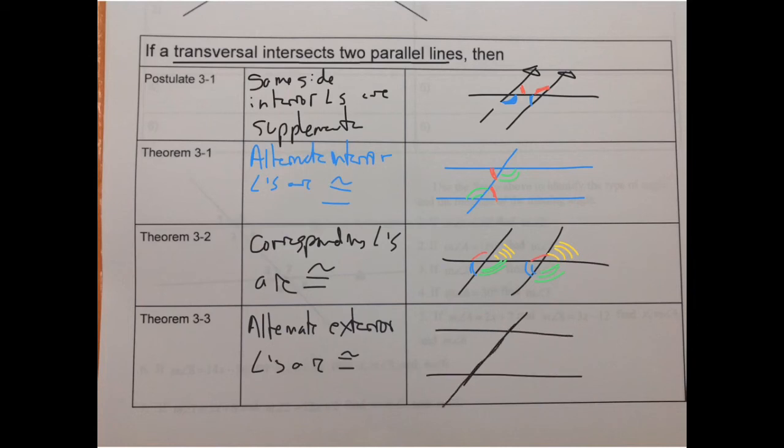So that means this angle and this angle are the same, they are congruent, and have the same degree measure. So those are the four relationships. So a transversal intersecting parallel lines creates a lot of congruent angles as well as supplementary angles.